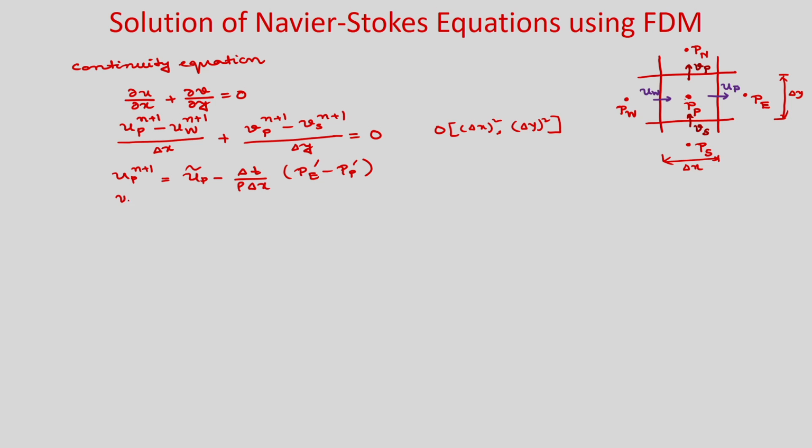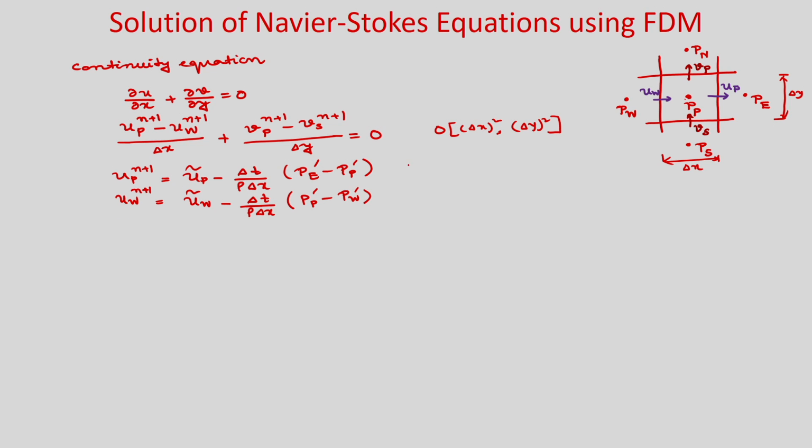Similarly, you can write u w n plus 1. For the velocity u w, you can write u w tilde minus delta t by rho delta x, and the pressure gradient for this term will be p p minus p w, so p p prime minus p w prime.